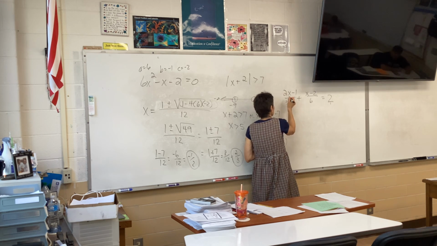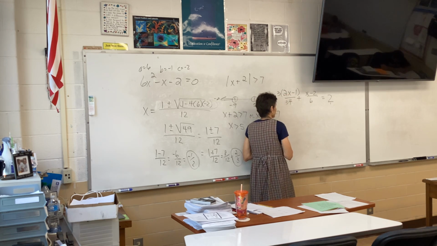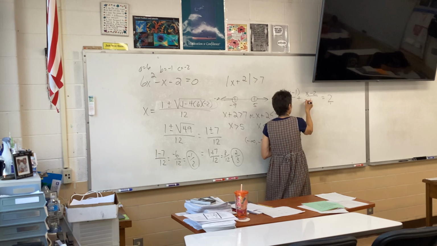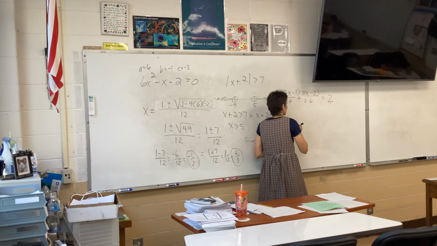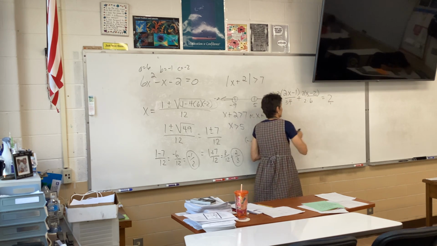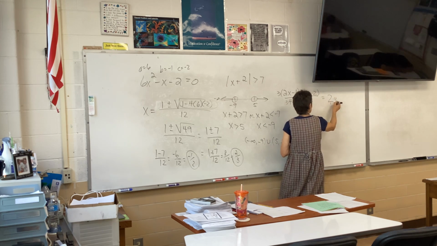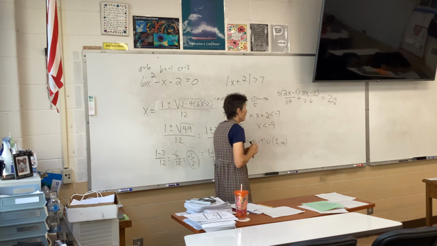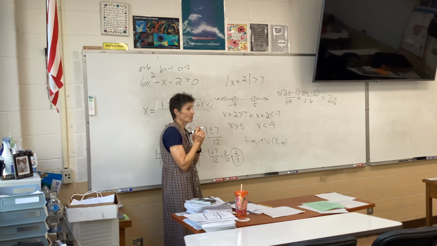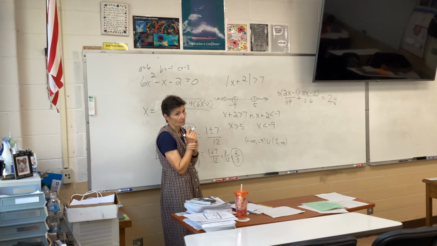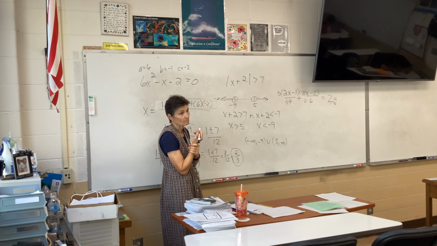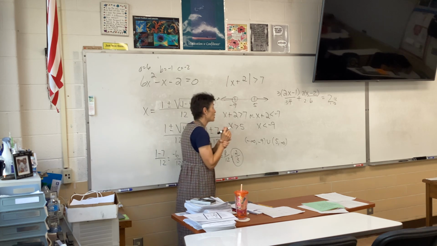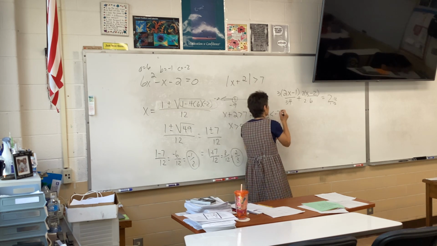12, I'm going to times this one by 3. This one by 2. Notice I'm putting in parentheses, those are important. And this one by 12. All my denominators are now 12. So I'm just going to write the numerators.